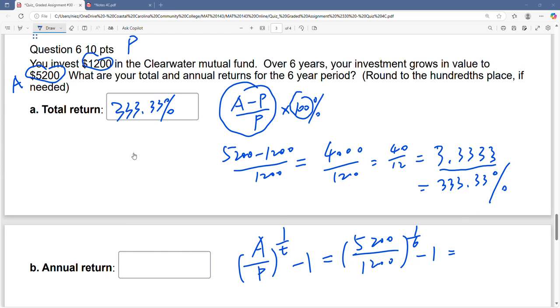So, clear. Parentheses 5200 divided by 1200, it's the same. And then to the power, you see here, 1 over 6, parentheses 1 divided by 6. This is how you do it. And then minus 1.